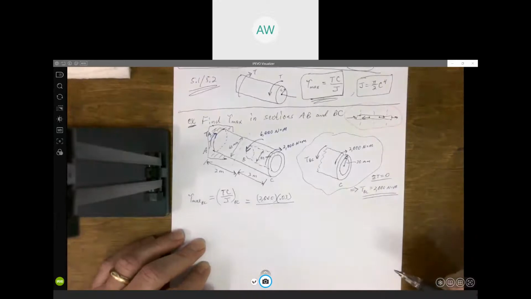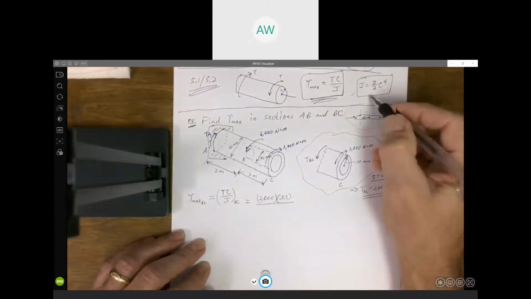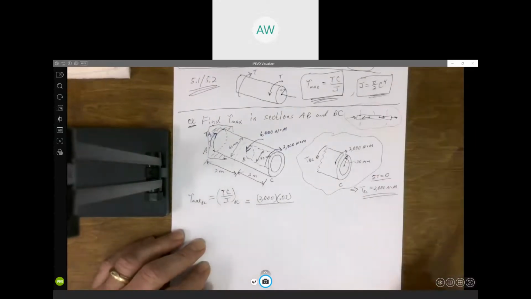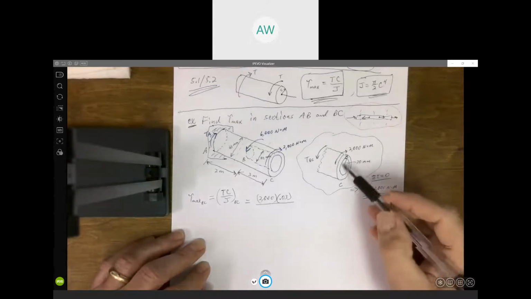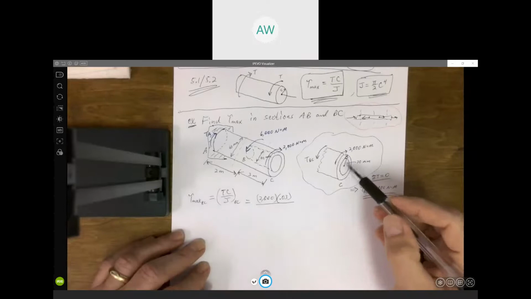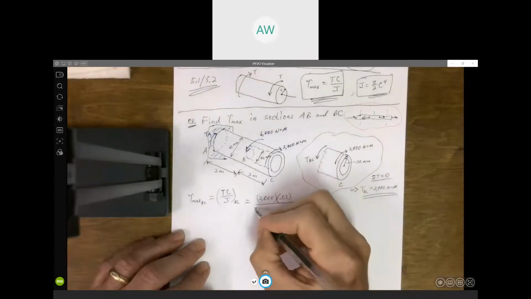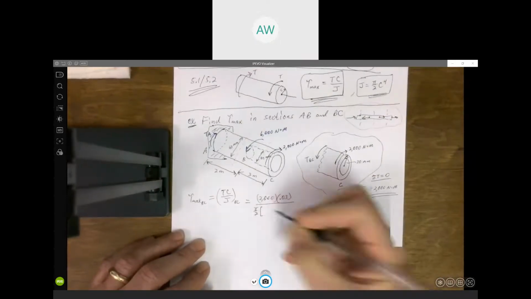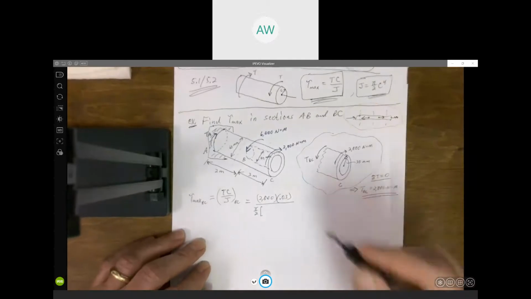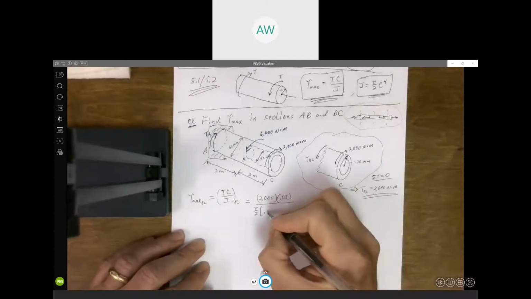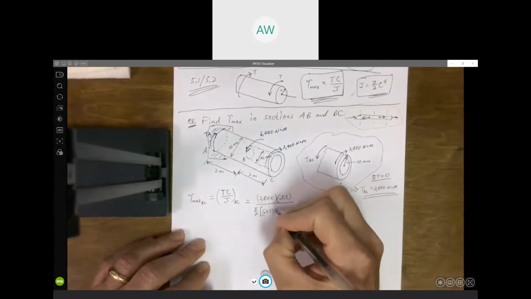And to get our polar moment of inertia, the pi over 2 c to the fourth, that's for a solid, right? We have a hollow tube here, so we've got to take the polar moment of inertia for the big circle and subtract the polar moment of inertia for the inner circle. So we're going to get pi over 2, the outer radius to the fourth, which is 30 millimeters or 0.03 meters.